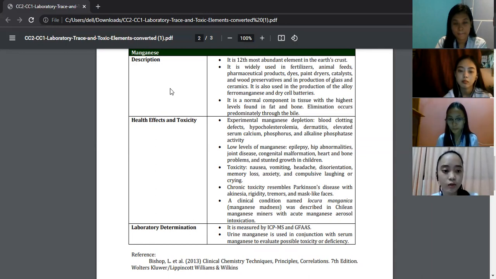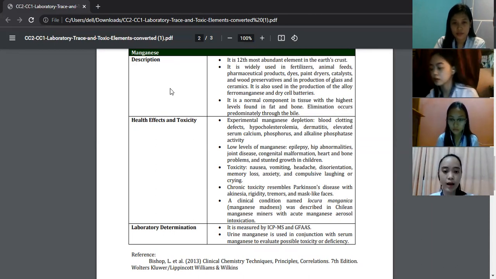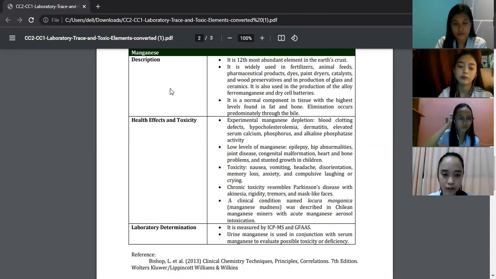Health effects and toxicity. Experimental manganese depletion causes blood clotting defects, hypocholesterolemia, dermatitis, elevated serum calcium, phosphorus, and alkaline phosphatase activity.